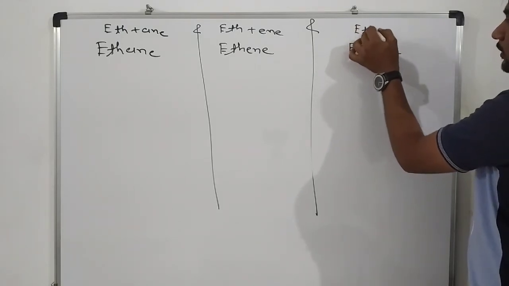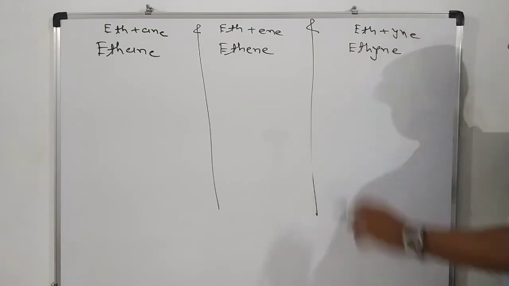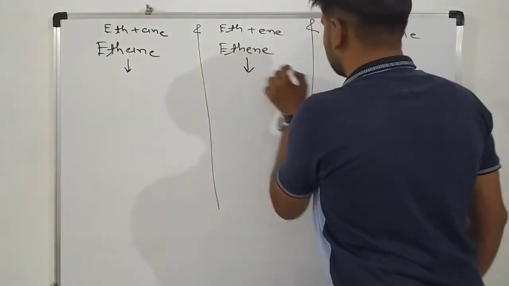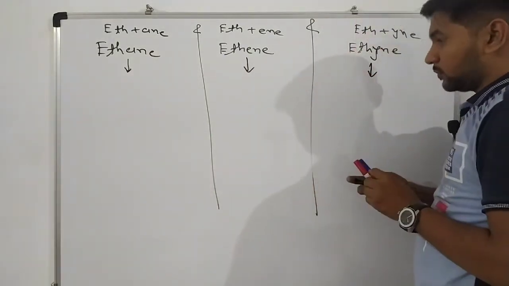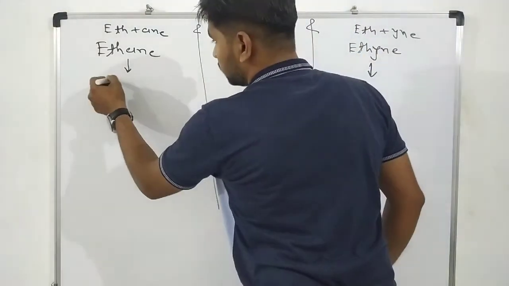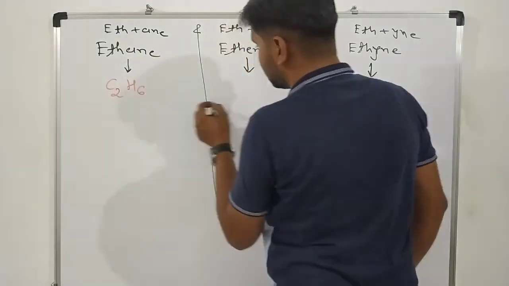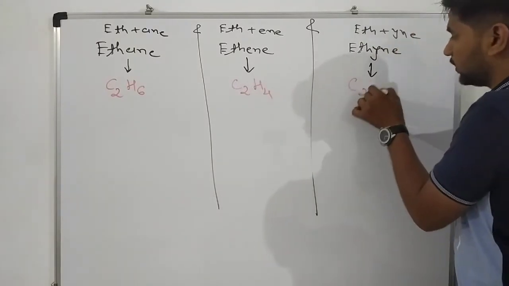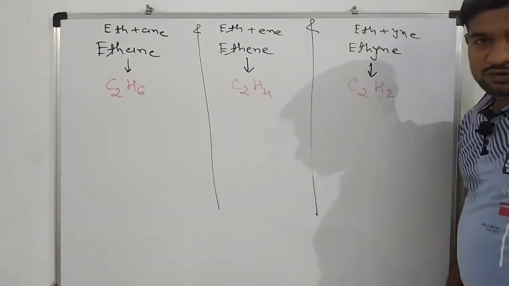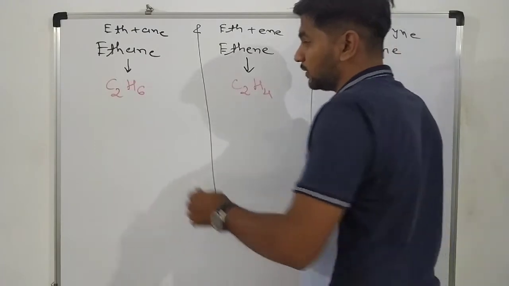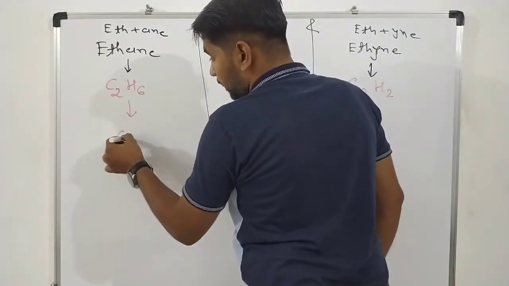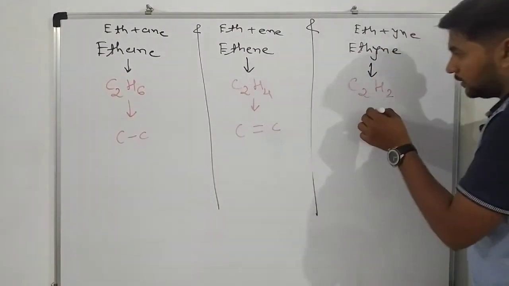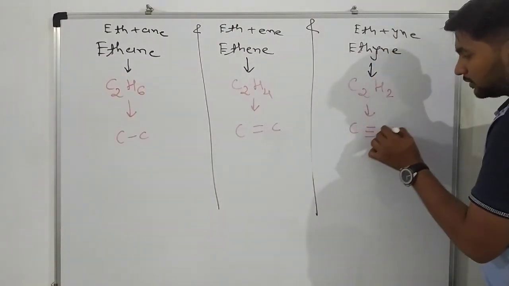It is eth plus ine. The formula of ethane is C2H6, here C2H4, here C2H2. Okay, here carbon carbon single bond, here carbon carbon double bond, here carbon carbon triple bond.